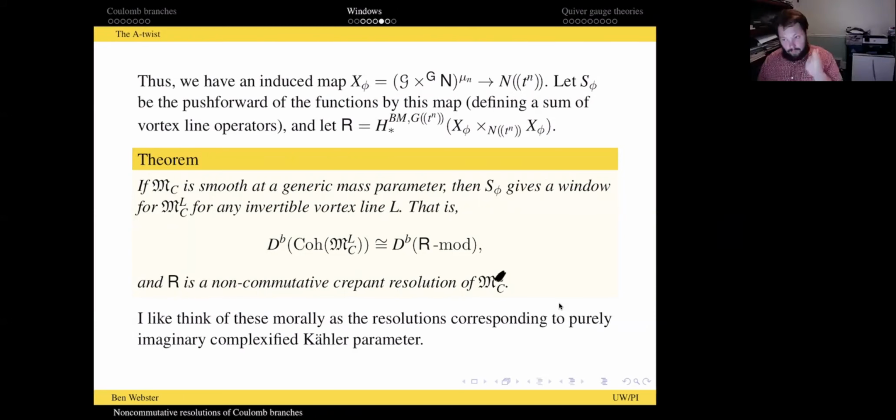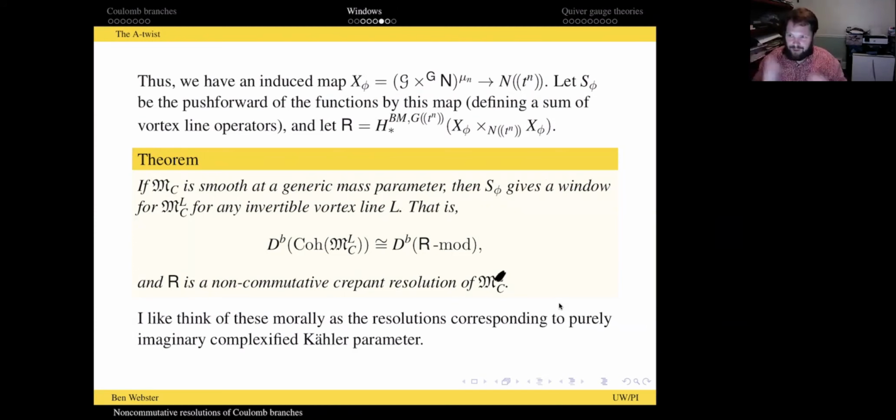So the way to think about this is that, as I said, you can take a coherent sheaf on this, and there's a canonical way to construct a line operator out of it. You resolve by big negative powers of the ample line bundle, and then you turn those into line operators.